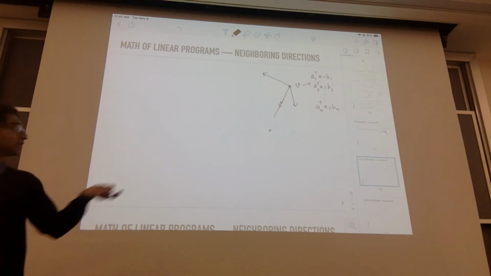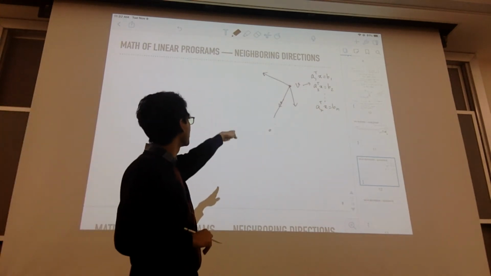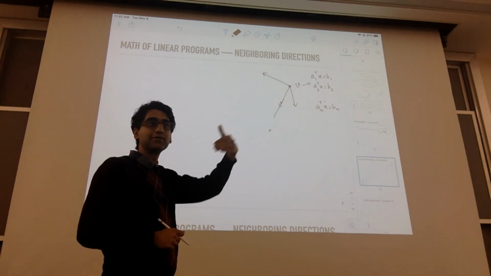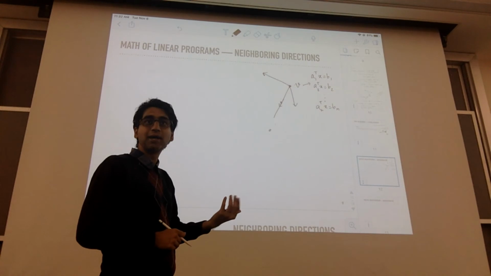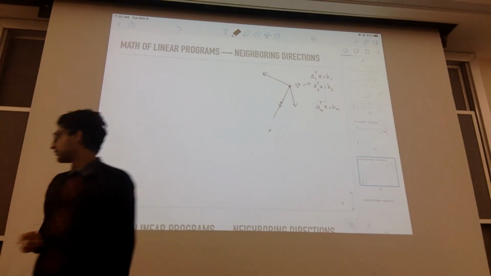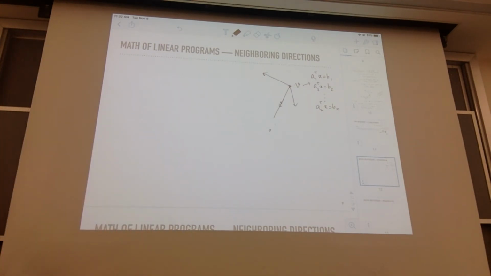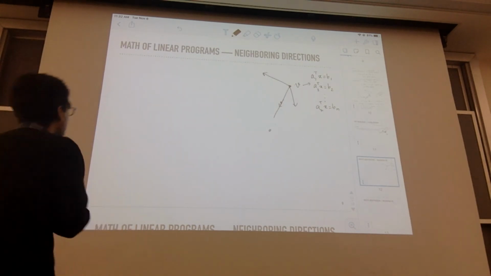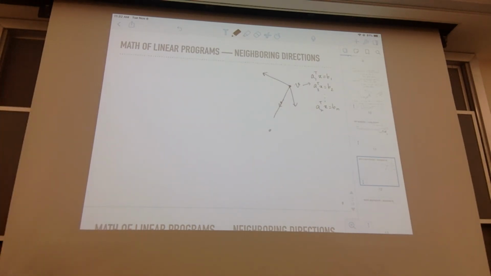If your cost increased or decreased along this line, it's only the direction that matters. The exact magnitude of the movement doesn't matter. So let's only care about the directions and not the magnitude. And as I was saying, you get n different directions, n different neighbors.